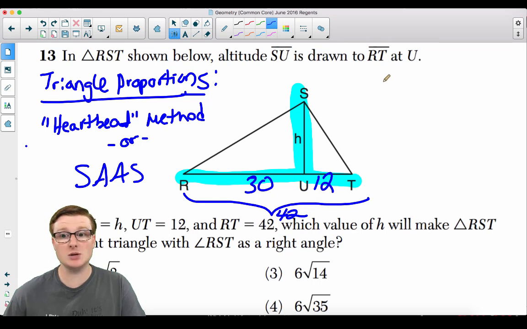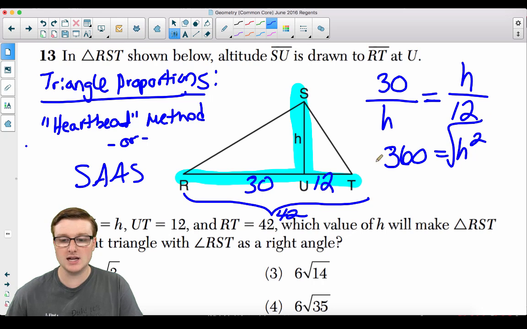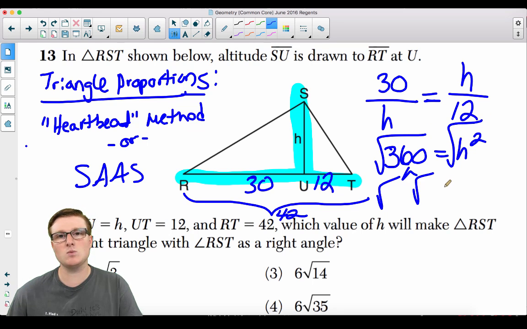So set up your triangle proportion. 30 over H equals H over 12, and we are going to cross multiply. 30 times 12 is 360, which is equal to H squared. Now we're going to take the square root of both sides. For the square root of 360, we have to think of the highest perfect square that goes into 360.